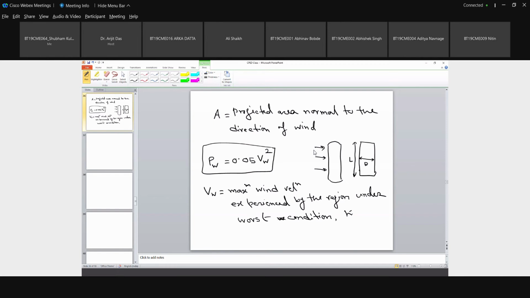These data of the wind velocity of a particular zone throughout the year can be obtained from the nearby airport authority. For their own purpose, they measure the wind velocity of the particular airport 24 by 7. So this data is easily available and you can take it for your own pressure vessel plant setup. So VW data is easily available.